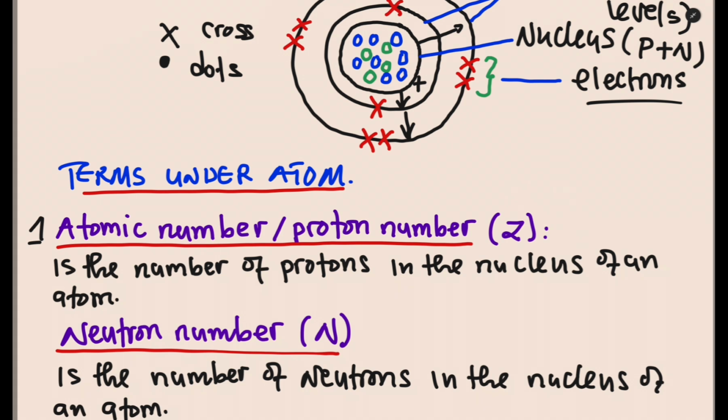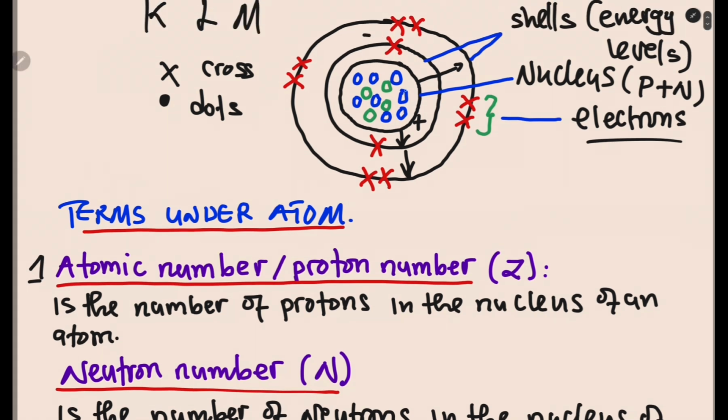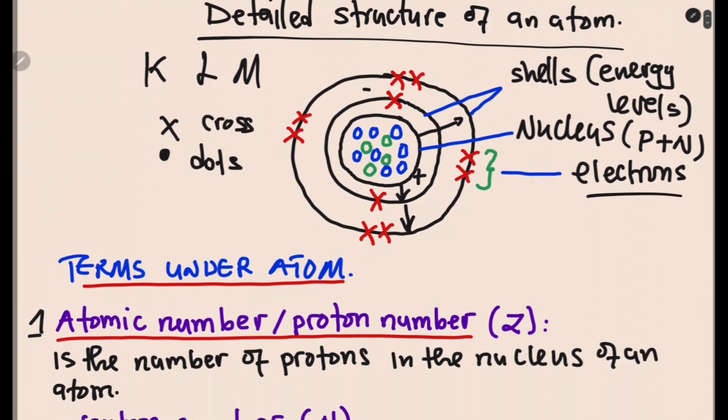To define an atomic number, we are going to say an atomic number is the number of protons in the nucleus of an atom. So, the nucleus that you are able to see here, which is the center, the number of protons, if we were to count them, is what we call atomic number. Okay, I think I should have put a key somewhere.